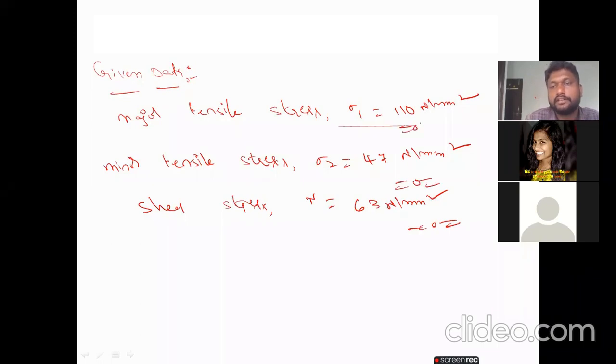These are the three values, sigma 1, sigma 2 and tau, that are given in the problem. Now we have to calculate the major principal stress and the minor principal stress.